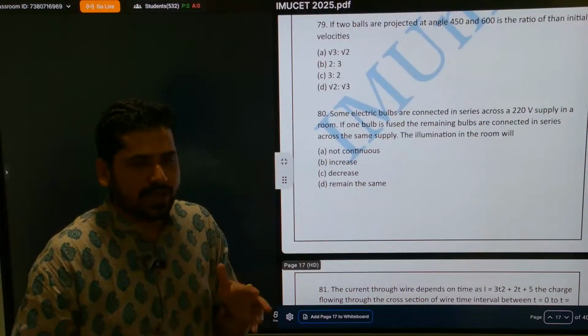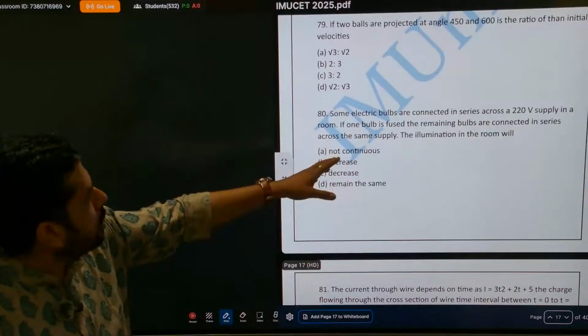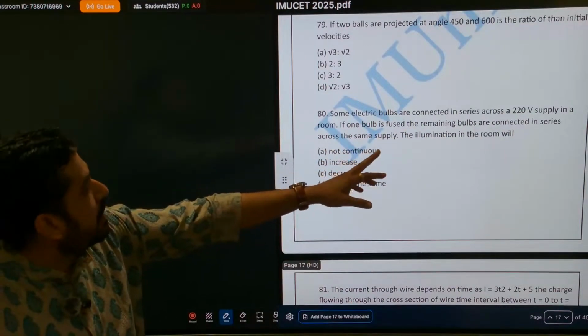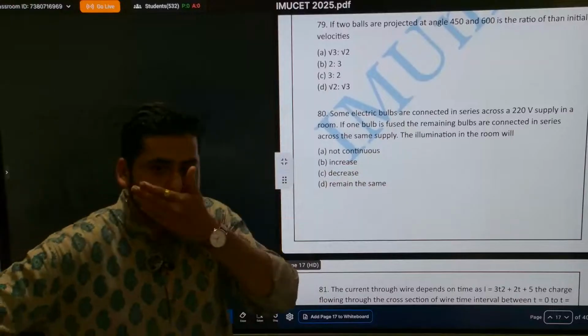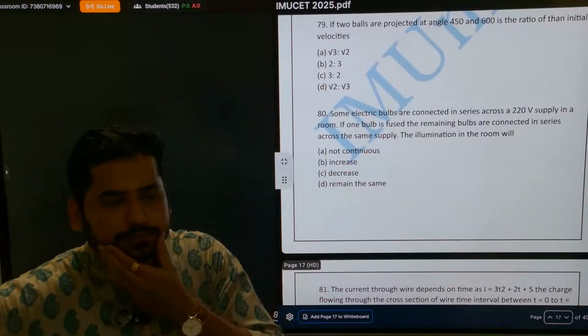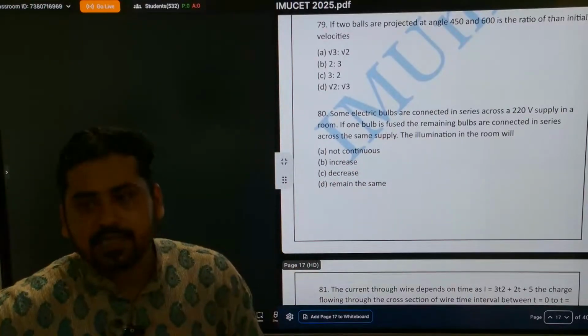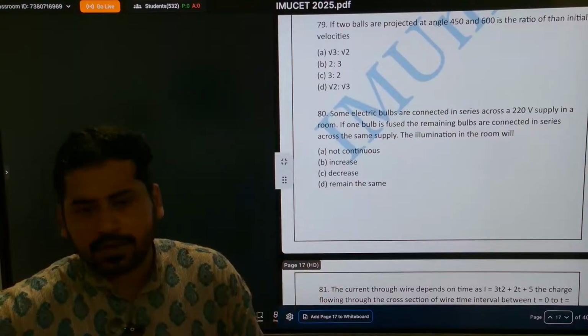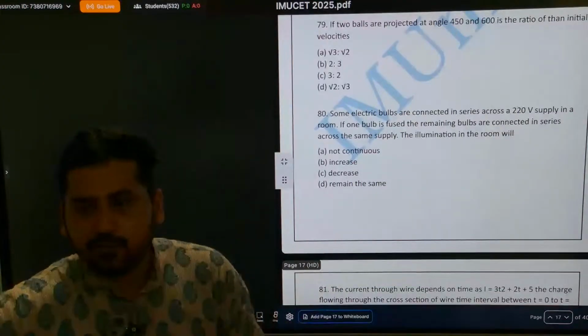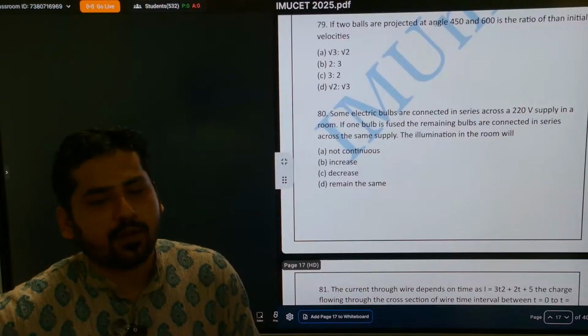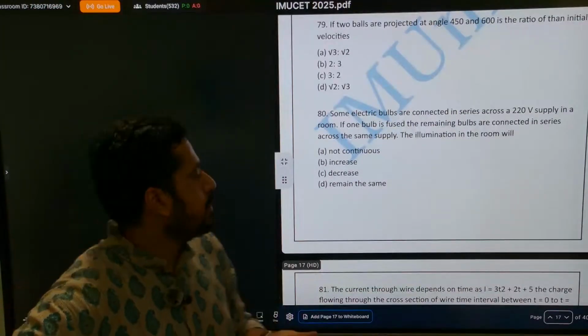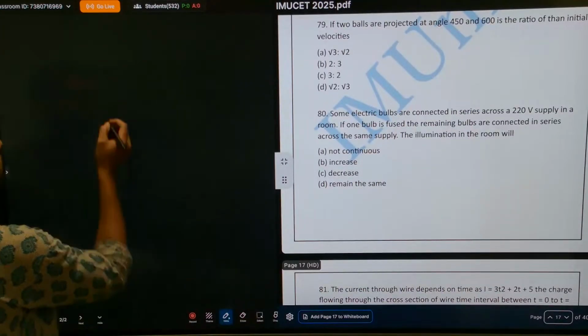So filament is not active. Fused, the remaining bulbs are connected in series across the same supply. The illumination in the room will be, illumination matlab? Light. Intensity of light. Let's say we have 2 bulbs are running. If I make it 4 or 5, more light will be there, which means illumination or intensity of light will also increase. Okay. Now, let's say we have 3 bulbs.